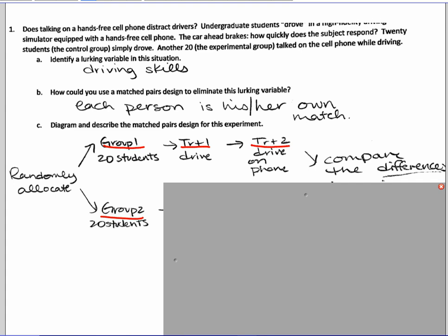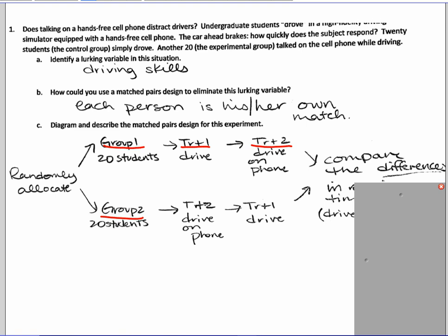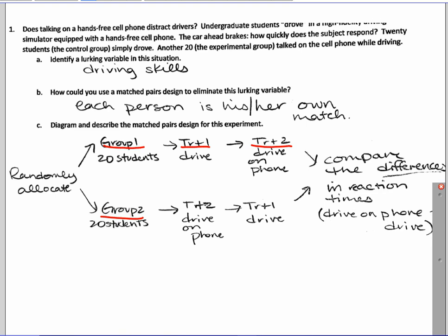And then they're going to go through the simulator a second time while being on the phone. Group 2, on the other hand, is going to get treatment 2 first. So they're going to drive on the phone first, and then they're going to get treatment 1 and drive with no phone. Does that make sense?